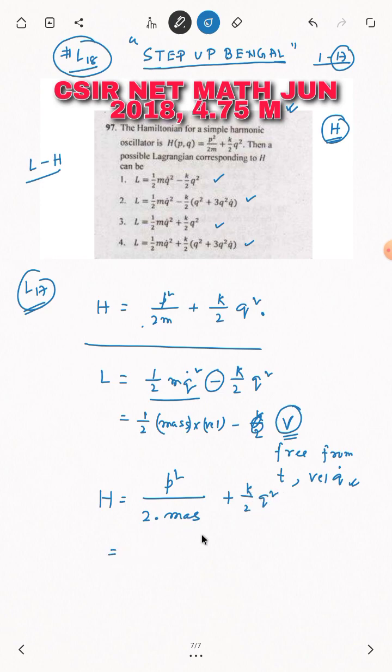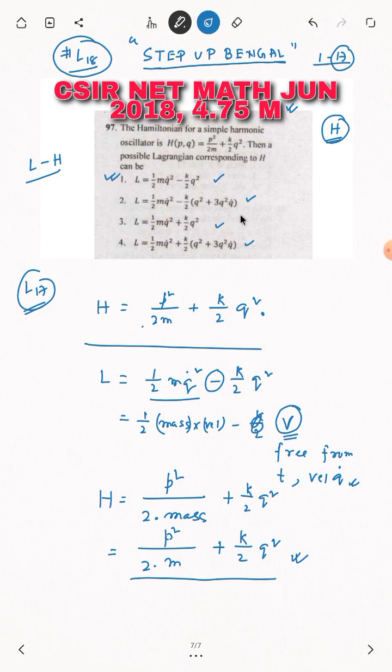And what is that mass? That mass is m, so p square by 2m plus k by 2 into q square. Now we will see if this is the Hamiltonian given. Yes, p square by 2m plus k by 2 into q square. So obviously this is the answer 1.